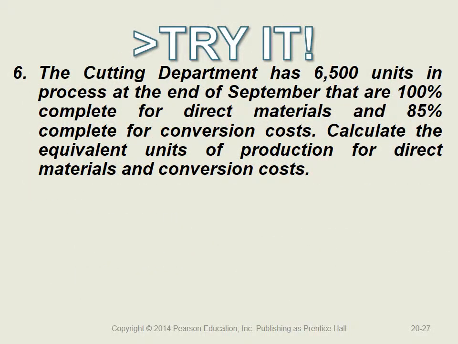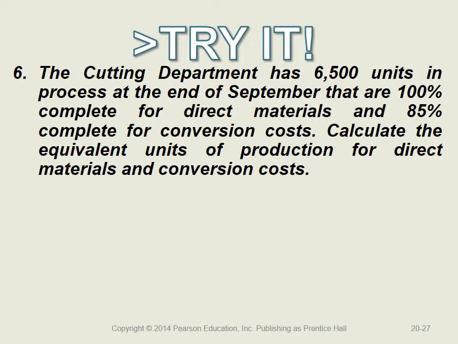For this try it, the cutting department has 6,500 units in process at the end of September that are 100% complete for direct materials and 85% complete for conversion costs. Calculate the equivalent units of production for direct materials and conversion costs. So, if they're 100% complete for direct materials, that means that out of 6,500 units, direct materials has the equivalent units of 6,500 because 100% of direct materials have been used.